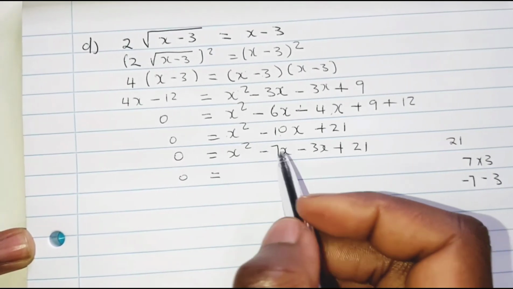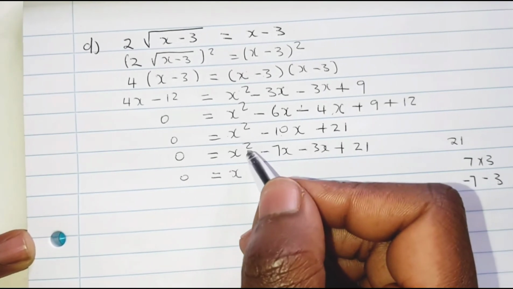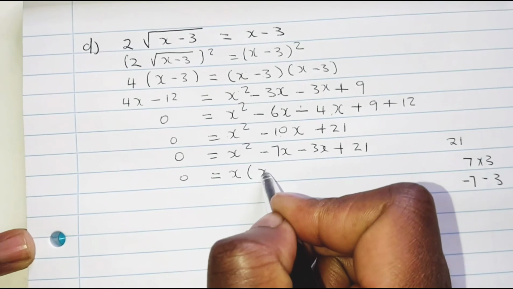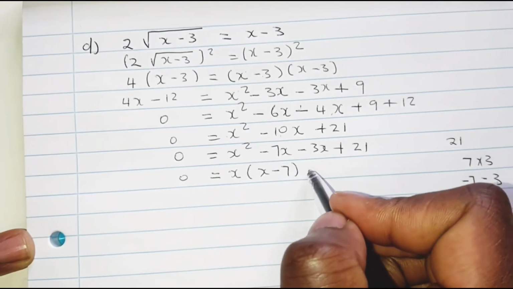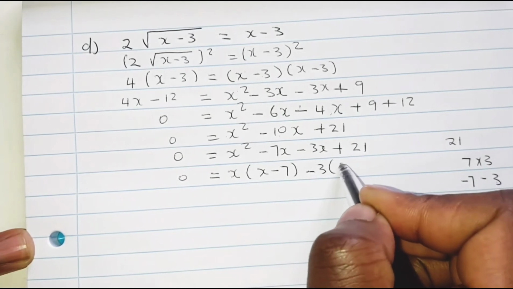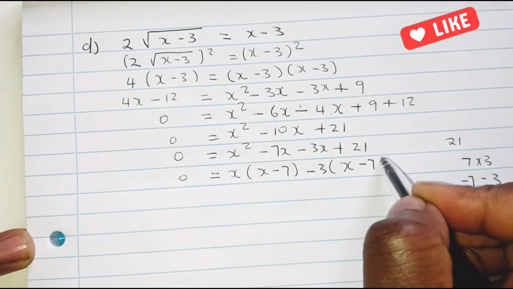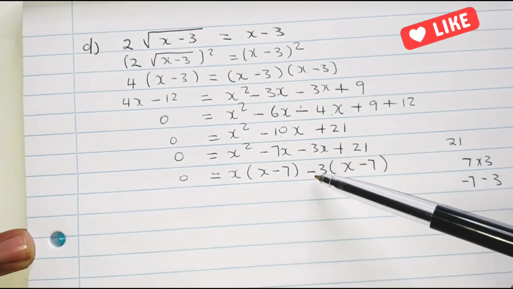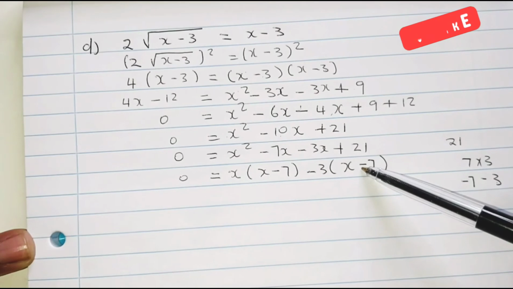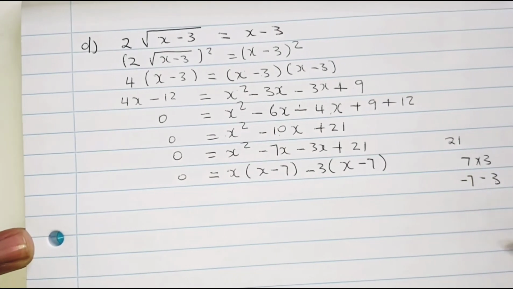0 is equal to, our common factor here is x minus 7. It's going to be x minus 7 and minus 3x minus 7. Minus 3 multiplied by minus 7 gives us 21. Remember here, 7 multiplied by 3 gives us 21, right?